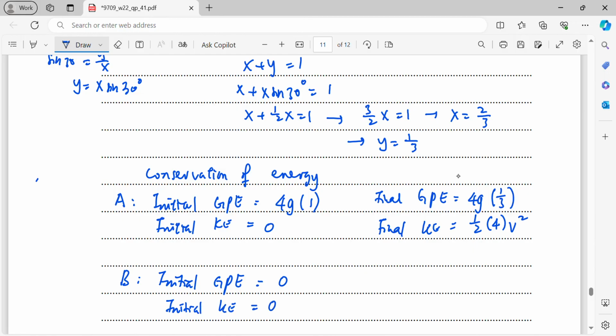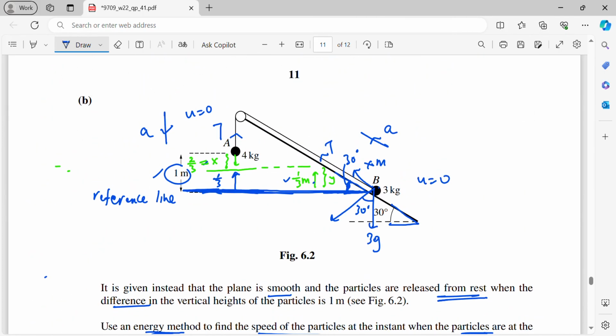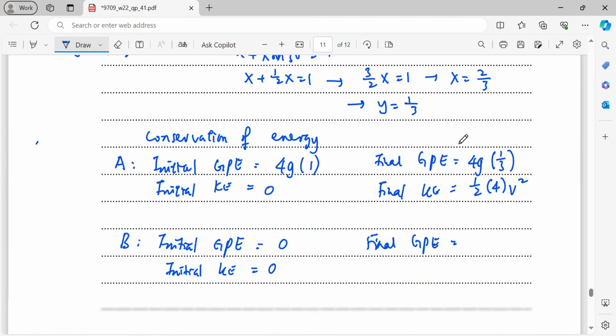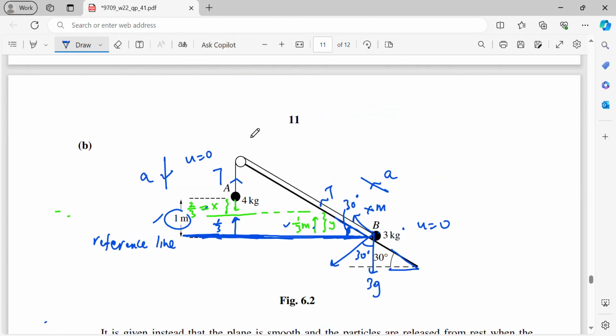Then the final GPE, counted from the reference line: h is 1 over 3 and m is 3, so I get 3g times 1 over 3. Then the final kinetic energy is half times 3 times v squared. Since they are connected by the same string, the v for both particles will be the same.